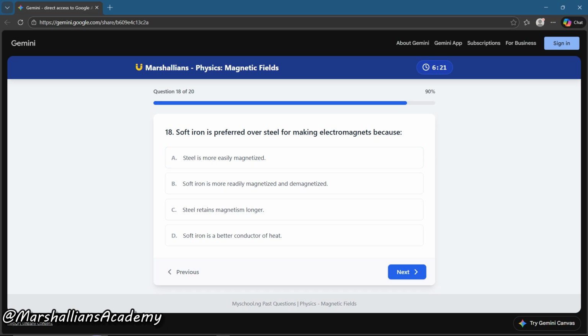It has more magnetic permeability than steel. It's easy for magnetic field lines to pass through soft iron, and it doesn't retain the magnetism that much. It's a ferromagnetic material, a better one than steel. Yes, the answer is it is more readily magnetized and demagnetized, B.